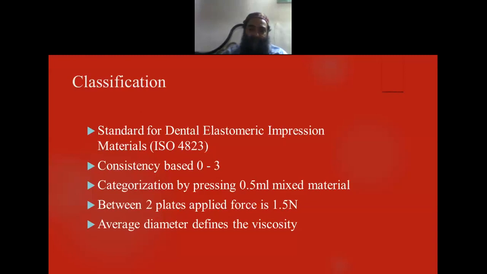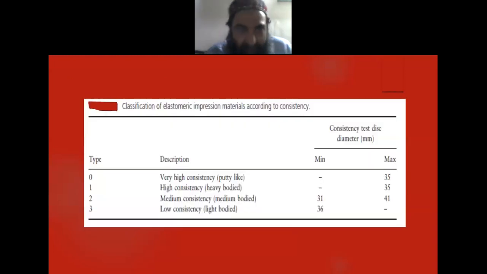Categorization is by pressing 0.5 ml of mixed material between two plates with a force of 1.5 Newton, and the average diameter recorded defines the viscosity. Upon that, they were classified into 0 to 3 categories, in four categories.